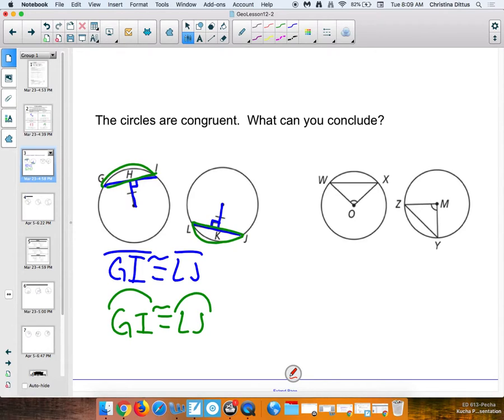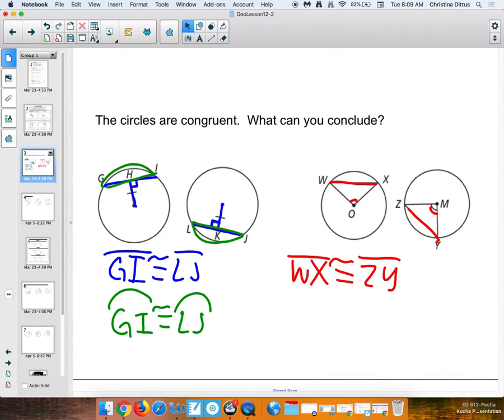Okay, how about this one? It says I have 2 angles that are equal. So what else is equal? The lines. Yeah. These lines, WX, is equal to my other line, ZY. Anything else? The arcs.